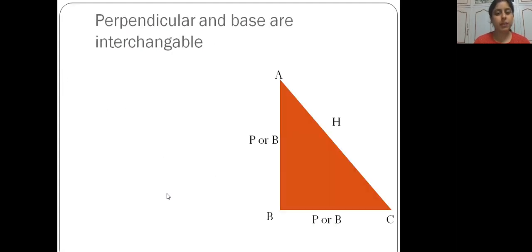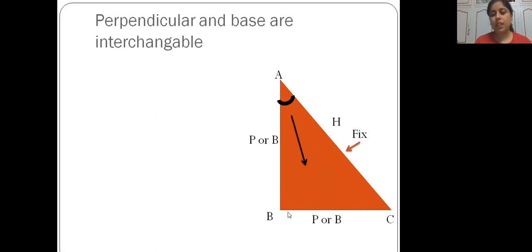How they are interchangeable, I am showing in this. As you see, ABC is again a right angle triangle. The right angle is at B, and the opposite side of this right angle is our hypotenuse, AC. So perpendicular and base are interchangeable. If I am talking about angle A, the opposite side of this angle A is BC.